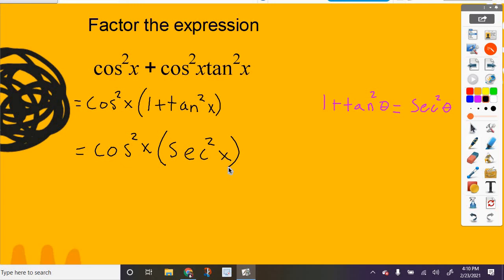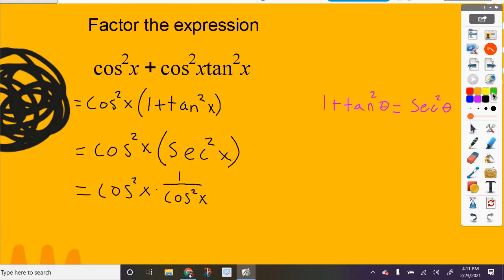And again, that's pretty simple, but I want to keep on simplifying as much as I can. And hopefully we can tell already that this is going to get pretty simple. Because using my reciprocal identity, secant squared of x can actually be rewritten as 1 over cosine squared of x.